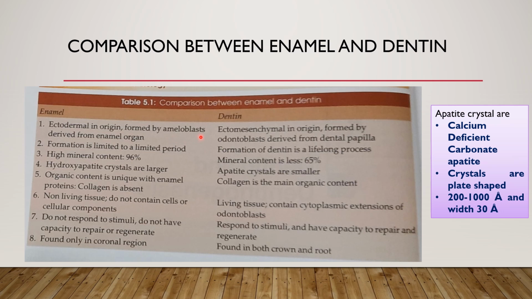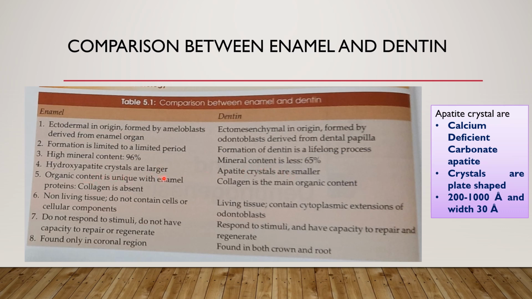It is formed by the ameloblast cell, whereas dentine is ectomesenchymal in origin, and it is formed by the odontoblast cell, which is derived from the dental papilla or pulp. Enamel has formation for a limited period only, whereas dentine forms throughout life. Enamel has a high mineral content, 96%, whereas dentine has 65%.